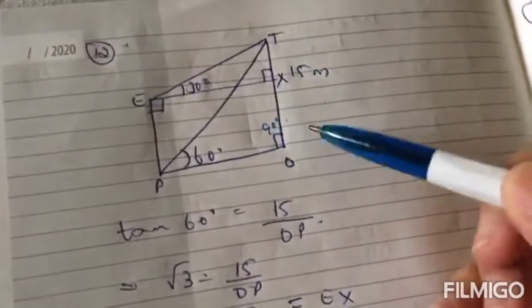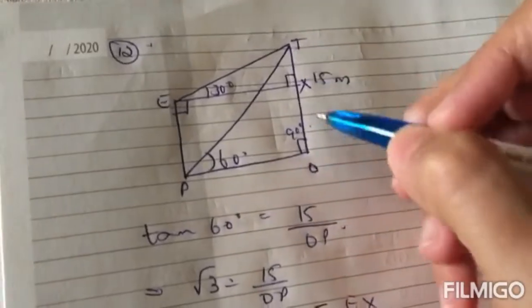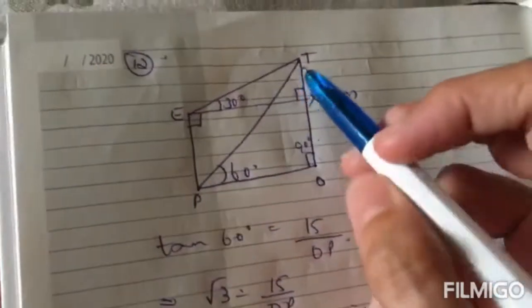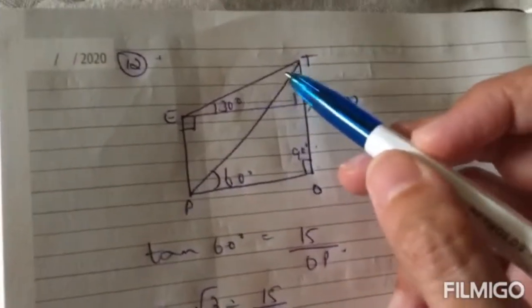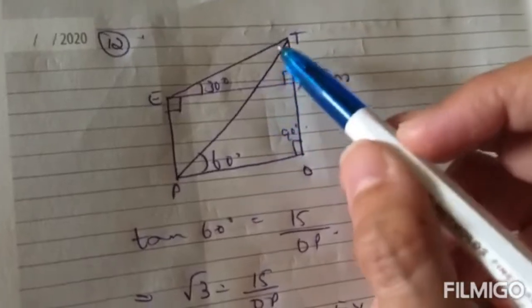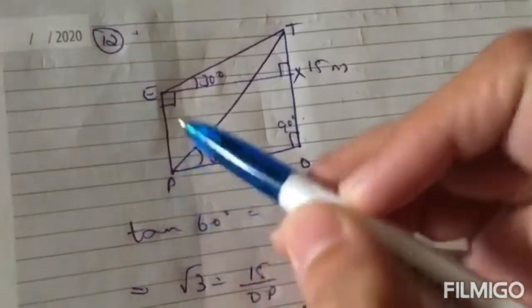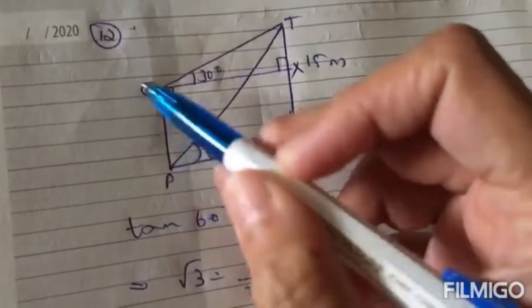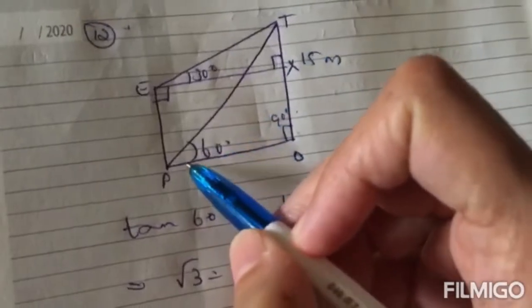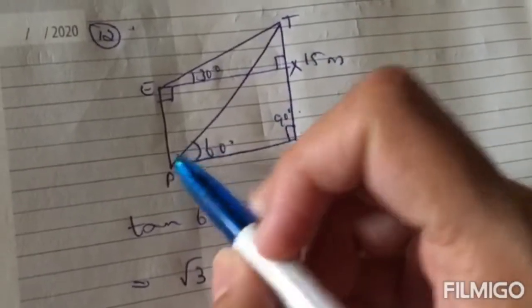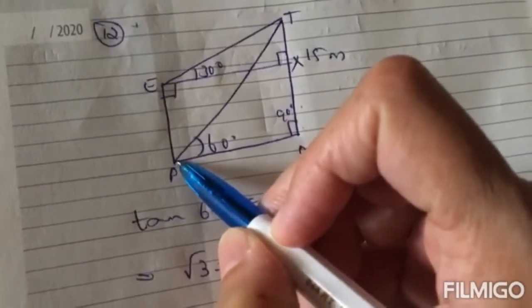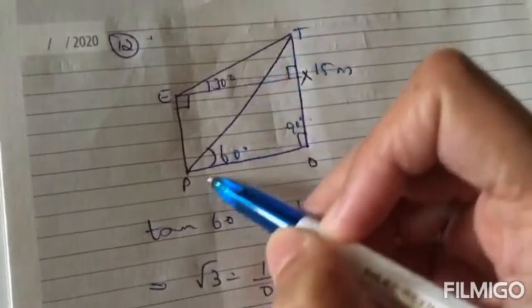Let OT be the tower and it is 15 meters high. They're saying that it is making an angle of elevation of 60 degrees with the bottom of a pole. Let the pole be PE. As we know, angle of elevation is formed when a person is looking up at something from a given point.